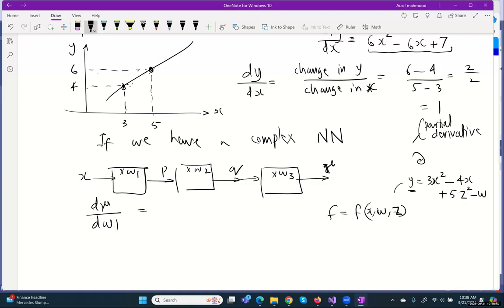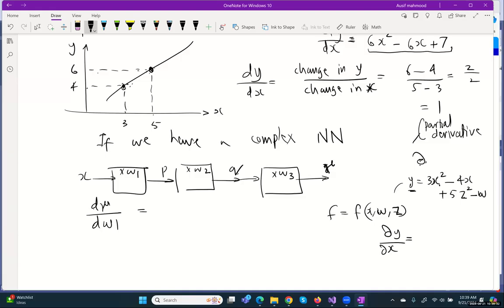Because there are 3 different variables involved, what we will do is use partial derivatives. We'll say, how is y changing with respect to x? Or how is y changing with respect to z? Or with respect to w? So when we compute the partial derivative, we say partial y over partial x, meaning change in y over change in only x, not w, not z.